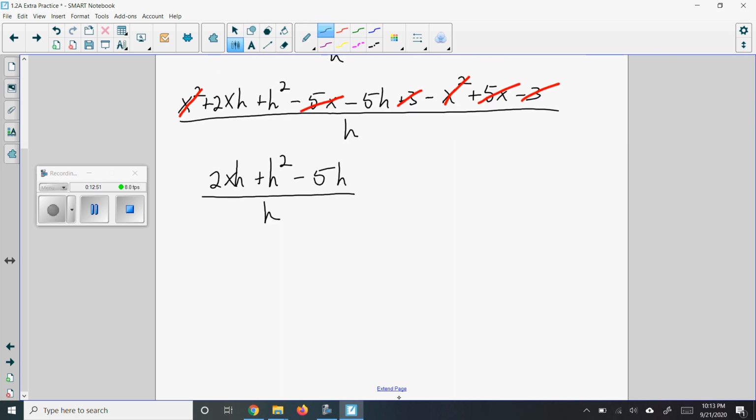Okay, and so again, we can write each of these over h. So these h's will cross out, these h's will cross out, and one of these h's will cross out with this one. So we're left with 2x plus h minus 5.